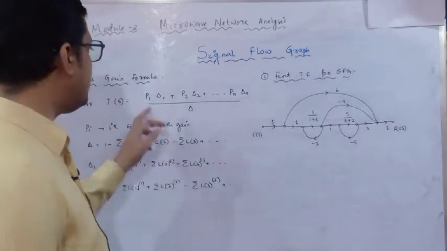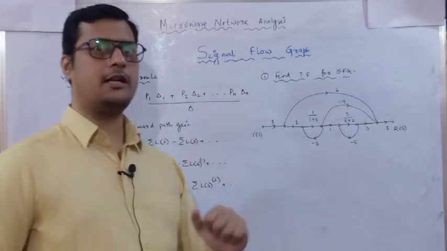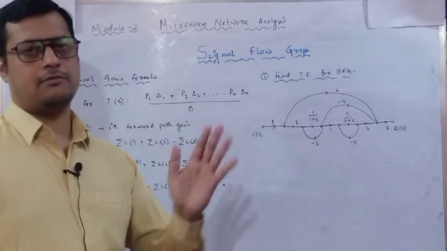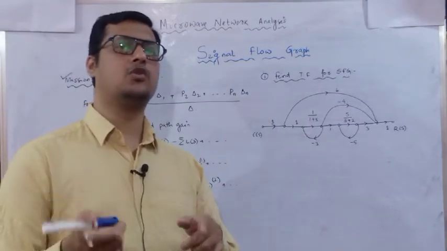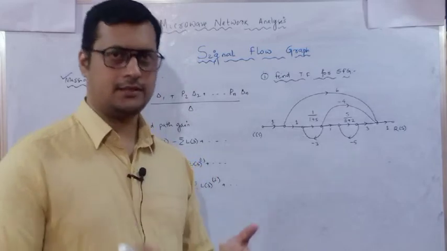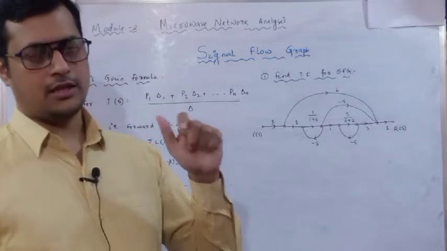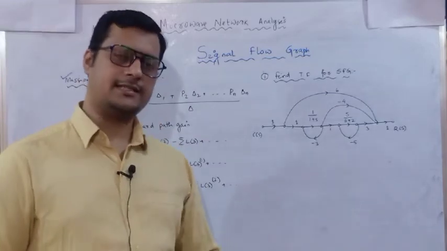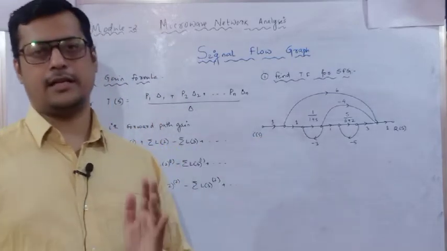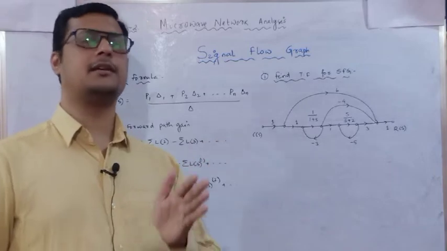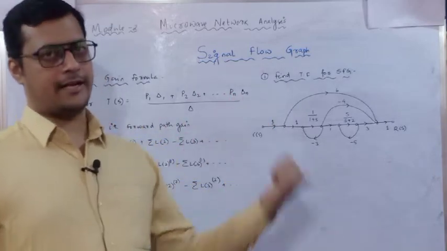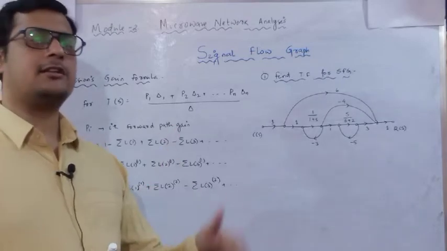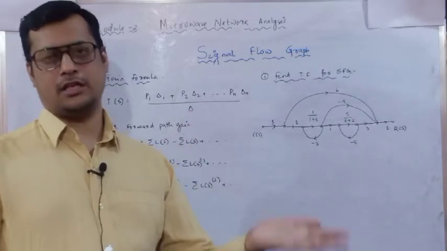And what are del 1, del 2, del 3? We need to calculate del 1 as 1 minus the non-touching loops to path 1, with respect to loop 1, then loop 2, then loop 3. Similarly, del 2 is 1 minus the non-touching loops to the second path, with respect to 1, then 2, then 3, then 4.